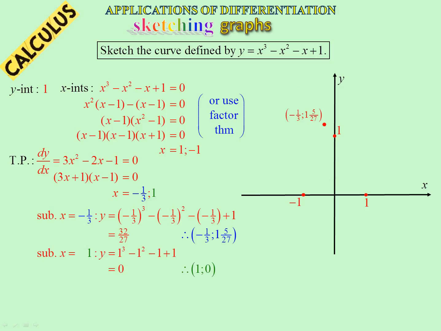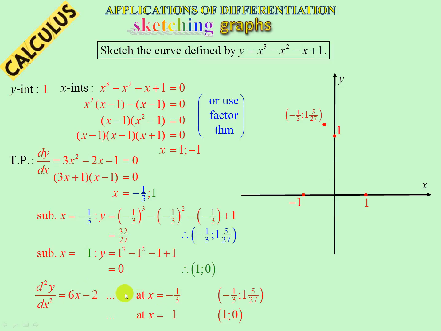Now we need to find their nature. We can see pretty much that this is going to have to be a local maximum, and this must be a local minimum. But we must go through the working, particularly as later on you will hit some pretty complex functions where you can't just recognize very easily whether it's a local minimum or maximum. So we find the second derivative. We differentiate the derivative, 6x minus 2, and we say at negative 1/3, is that going to be positive or negative?